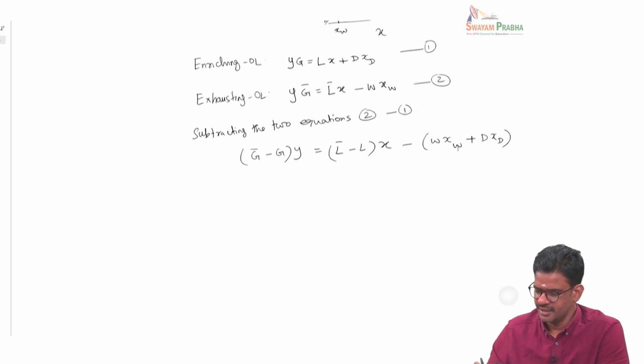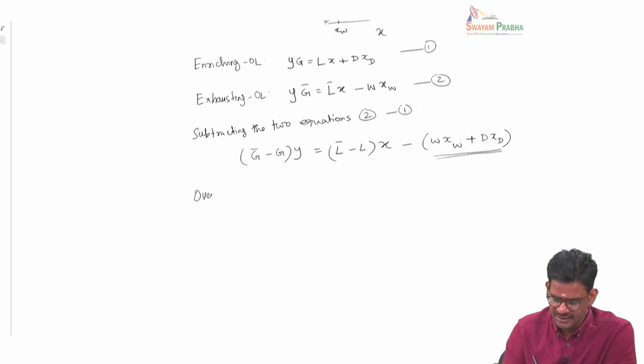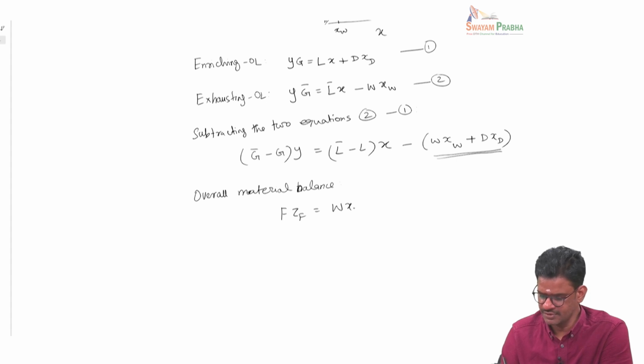Now if you look at this particular quantity, it is something that is related to the overall material balance. So if I do an overall material balance for the entire distillation column, this is F times ZF equal to W times XW plus D times XD.